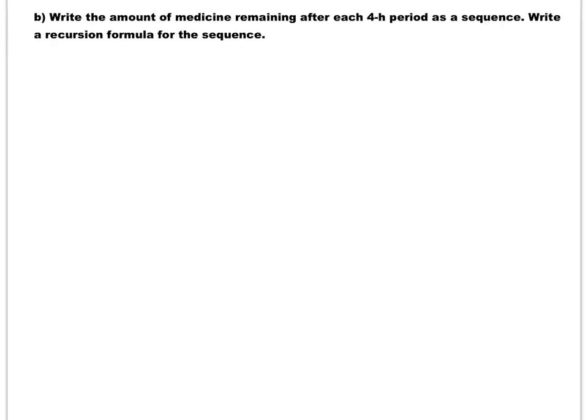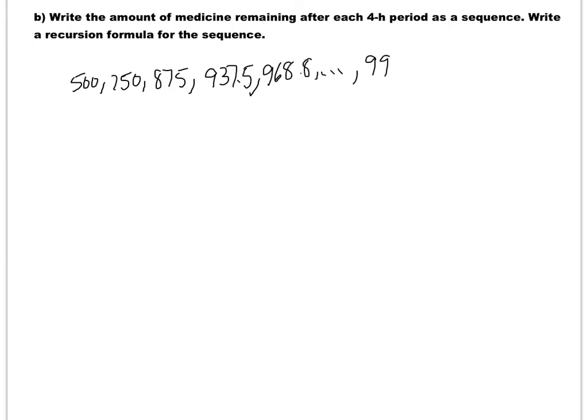The next part of the question says, write the amount of medicine remaining after each 4-hour period as a sequence and write a recursion formula for the sequence. The sequence that we got was, initially it was 500, then it became 750, the next term was 875, the one after that was 937.5, then 968.8, and this is continuing until it gets to 999.9.